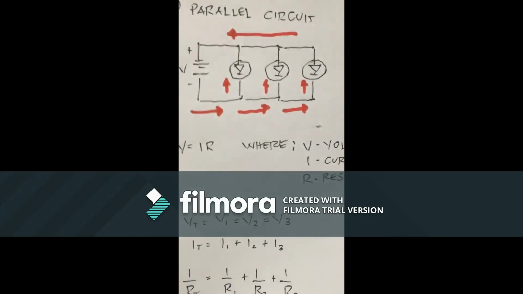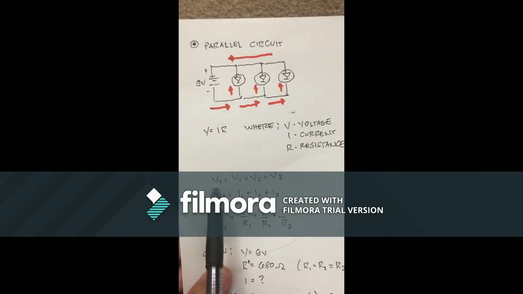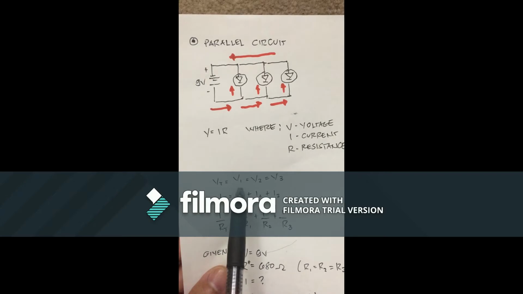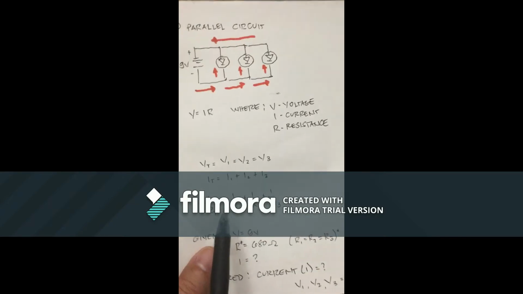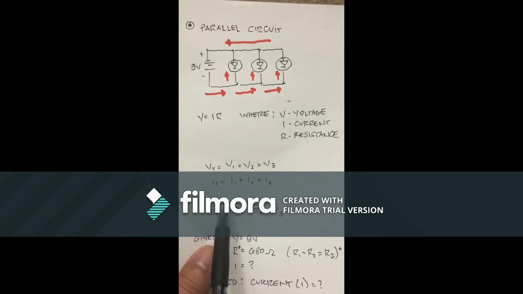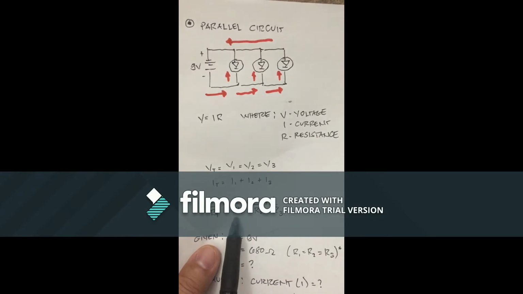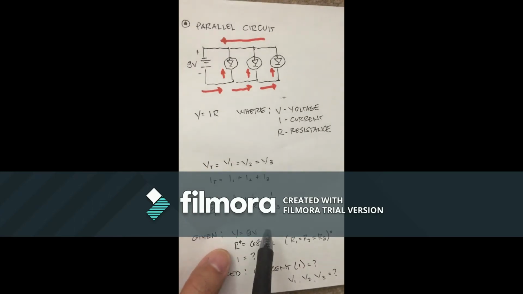So going back to our formula, where V total is equal to V1 is equal to V2 is equal to V3, and I total is equal to I1 plus I2 plus I3, and 1 over R total is equal to 1 over R1 plus 1 over R2 plus 1 over R3.